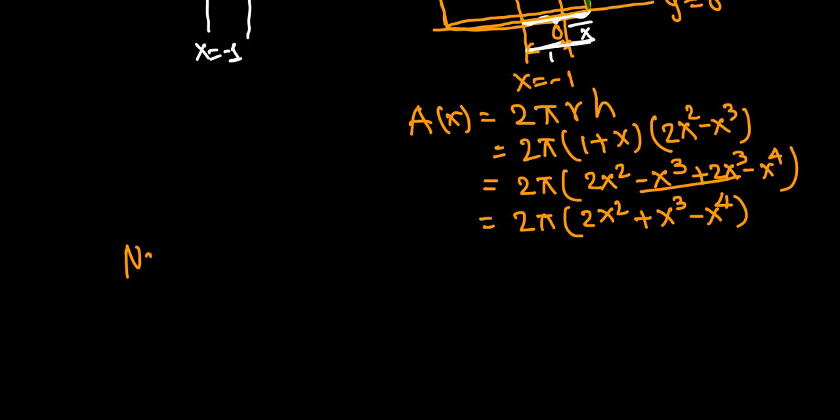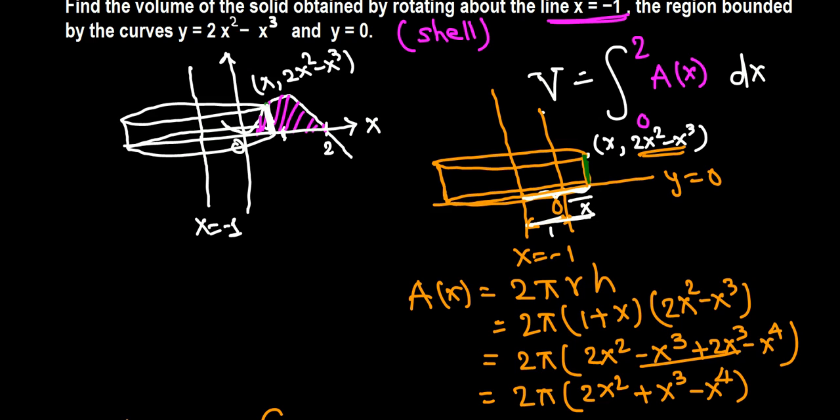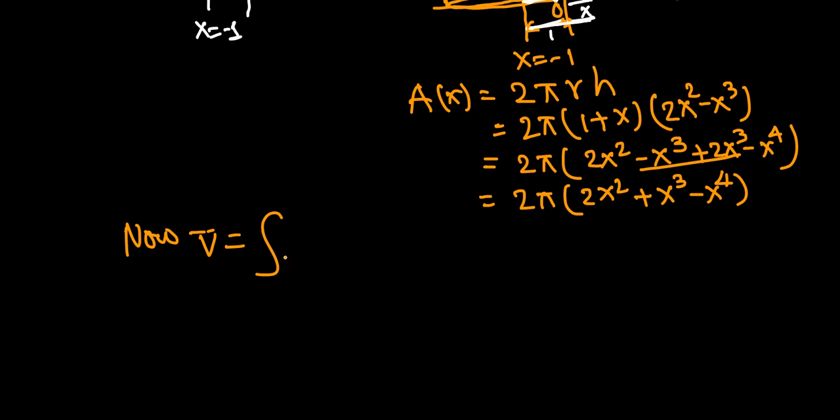Now the volume is given by the integral from 0 to 2, because our sample rectangle could be taken anywhere between 0 and 2. This area is 2 pi times this polynomial, so the constant 2 pi can be pulled outside: 2x squared plus x cubed minus x to the 4th dx.